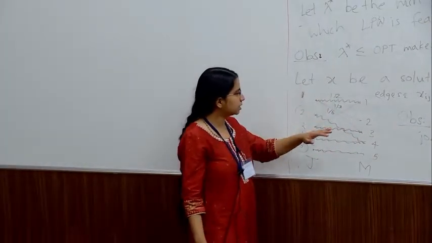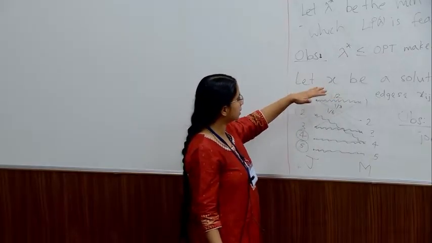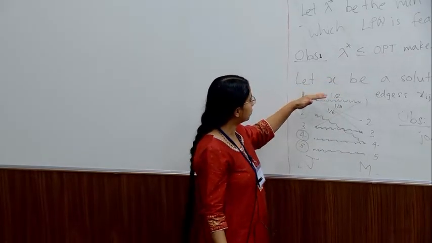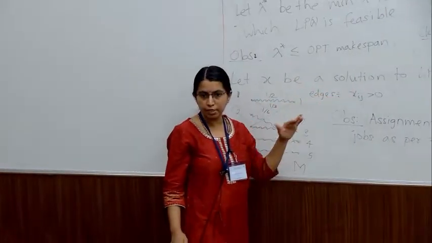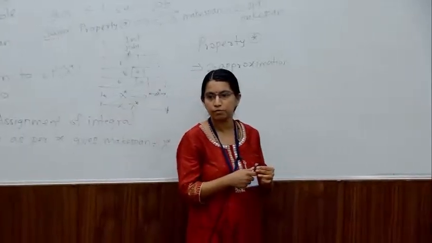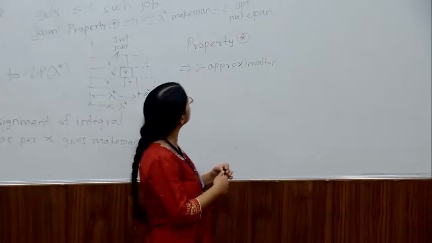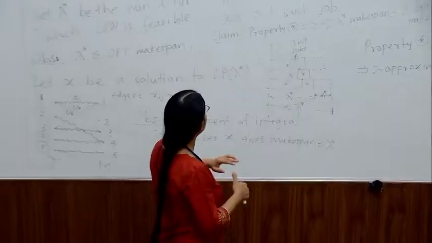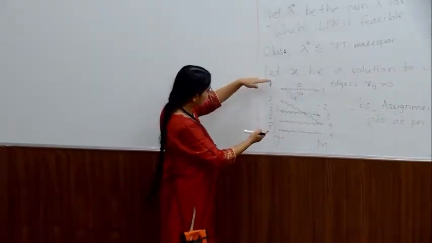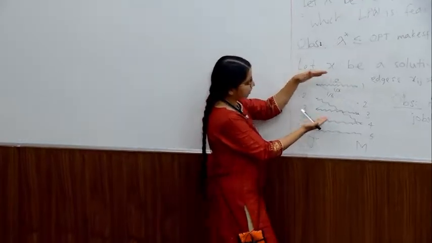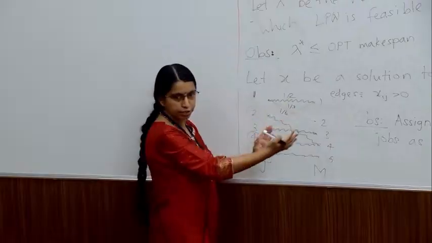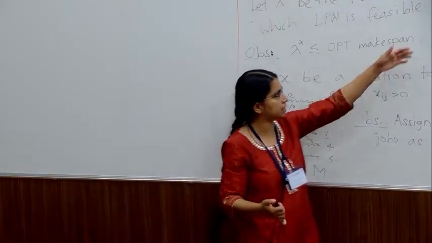As it turns out, the concern is correct in the sense that we cannot use any LP solution. What we have to use is a vertex solution to the LP. On what basis do we assign that fractional part to the integral jobs? I have not told you how we will assign, but if we look at the graph between the fractional jobs and machines, and we have a matching there which assigns every job, then we will have this property star.